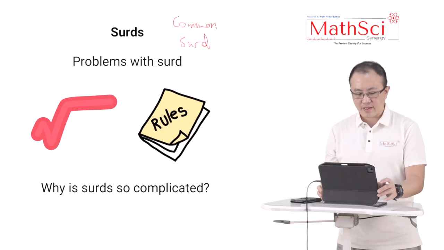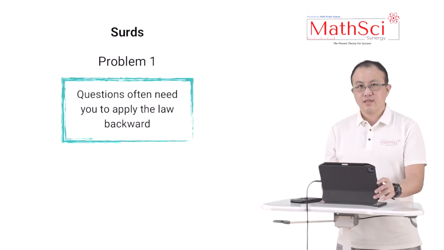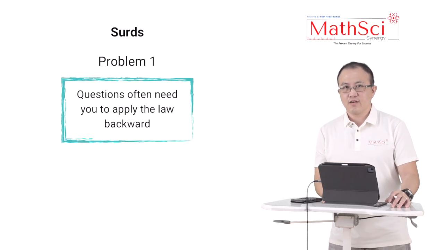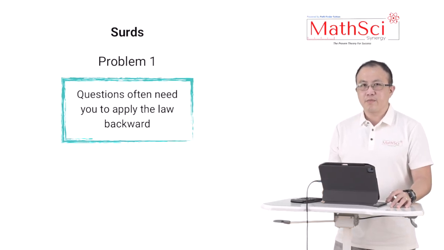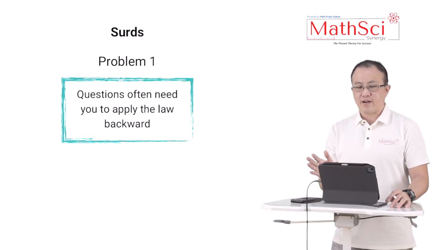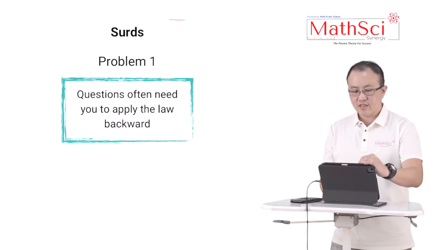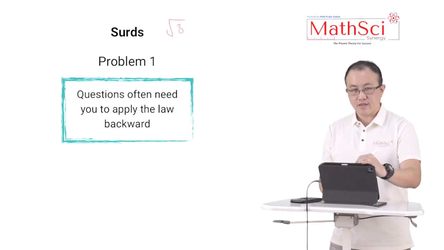So remember that. Let me point out a few problems of why you think surds is very difficult. Problem number one: you are very used to using the law in the forward direction. For instance, square root 3 times square root 3, you know this will be just square root of 3 times 3, which is equal to square root 9.